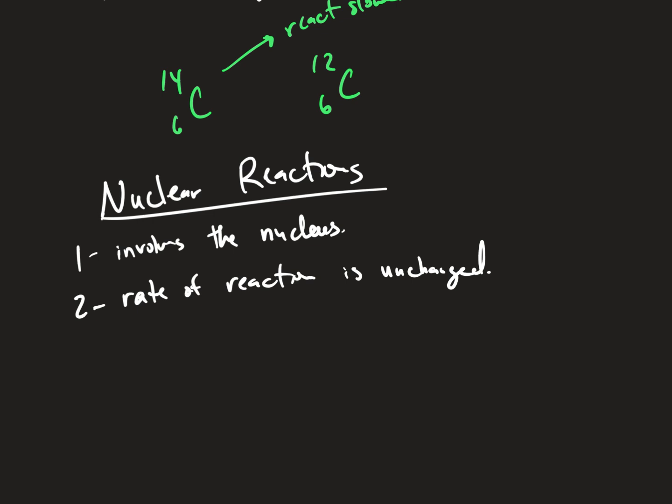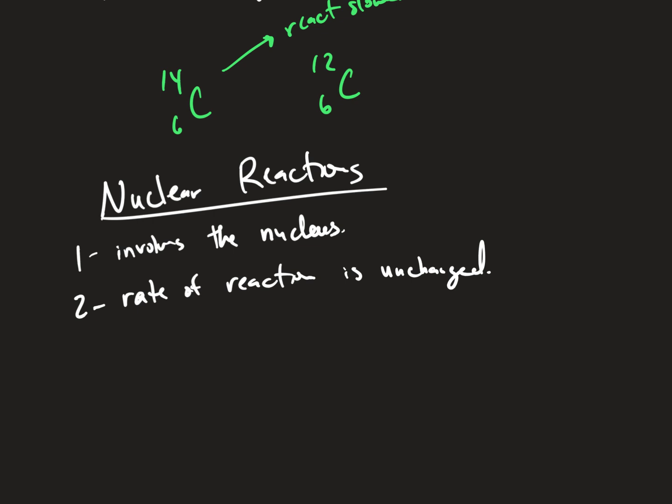So, I don't know if you remember doing it in lab, if you want to speed up the reaction, what do you do? You heat it up. You stir it. You do something to it, right? And those things you can do, to the nucleus of an atom will not change. Even though the nuclear reaction has a consistent rate, you can't speed it up, you can't slow it down, it just continues to react.